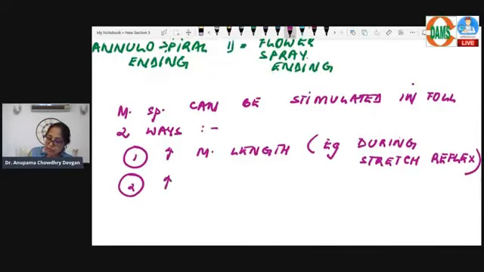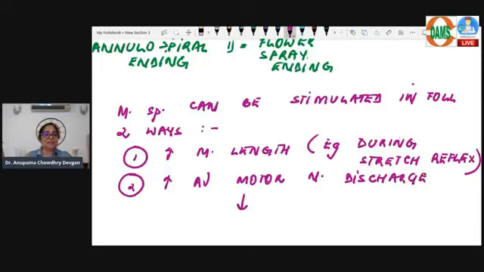if I increase the A gamma motor neuron discharge. Remember, A gamma is supplying the ends of the muscle spindle.